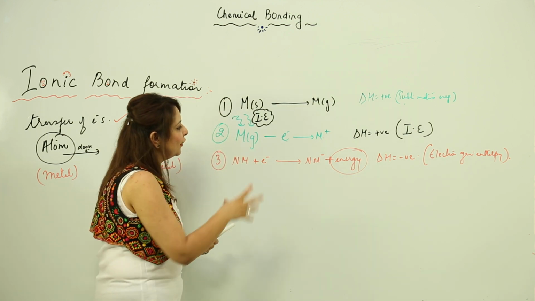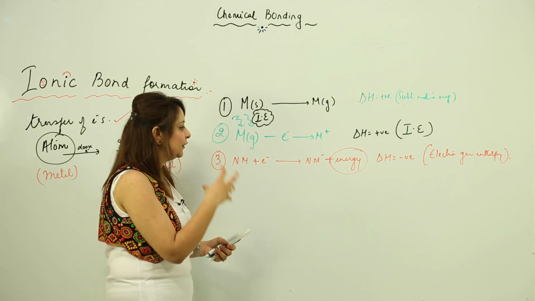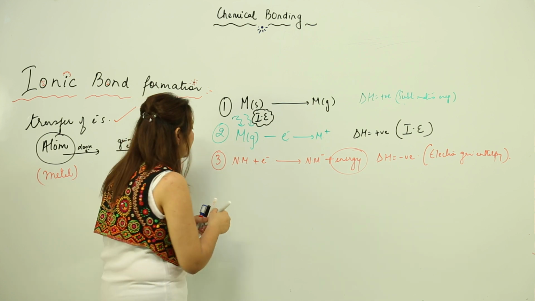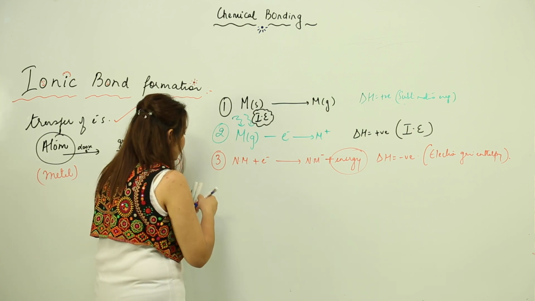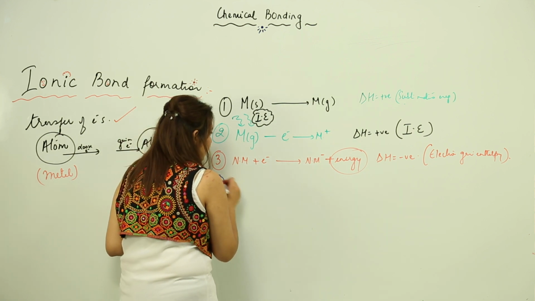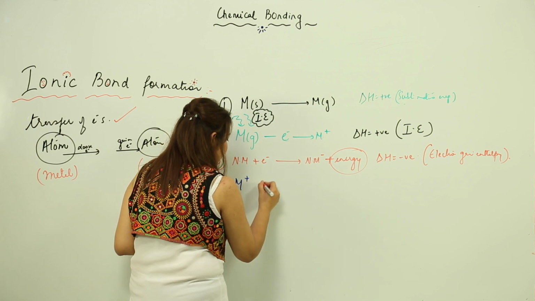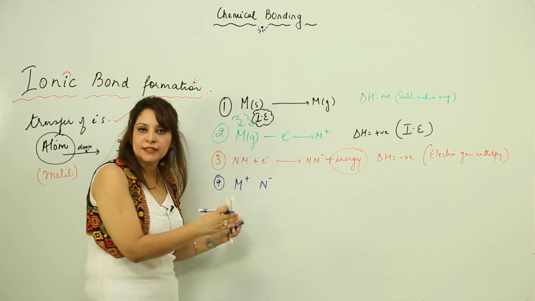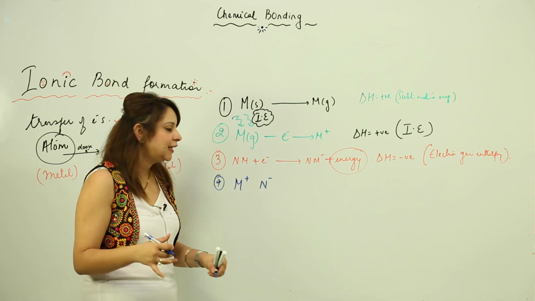Now as we have the metal ion and the non-metal ion, they are going to combine with each other. So let us combine them. This is my metal and this is my non-metal, the one which has lost the electron and the other which has gained the electron.